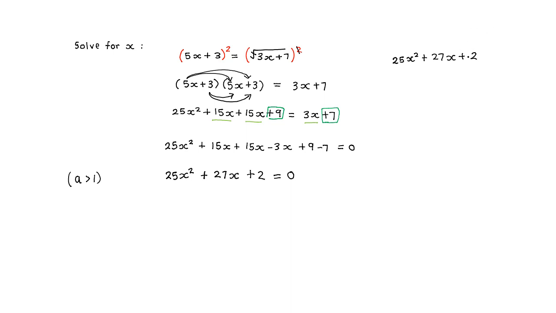Now 2 is a prime number, so the factors of 2 are only 1 and 2. And for 25, we can look at 1 and 25, we can look at 5 and 5, we can also look at 25 and 1.